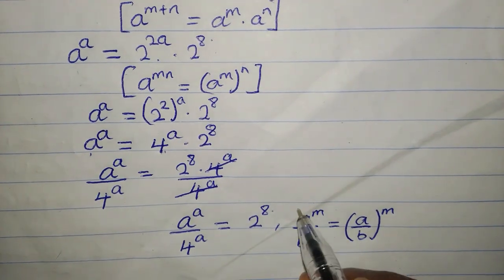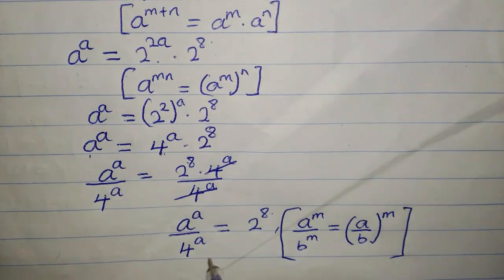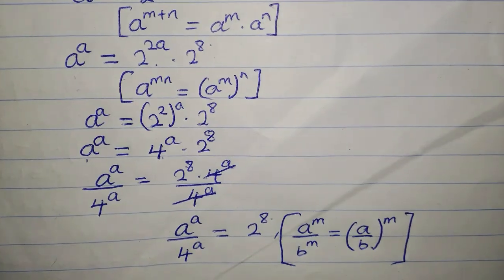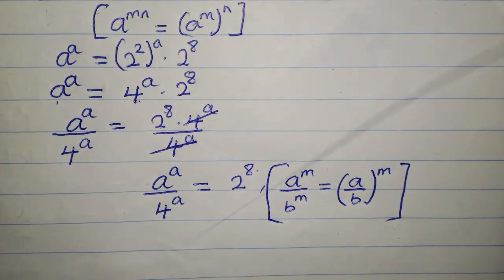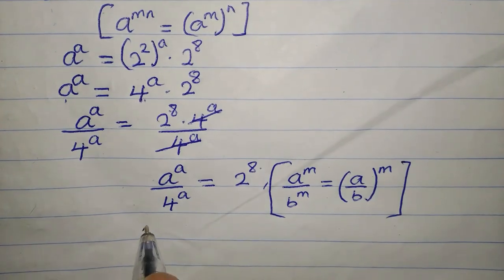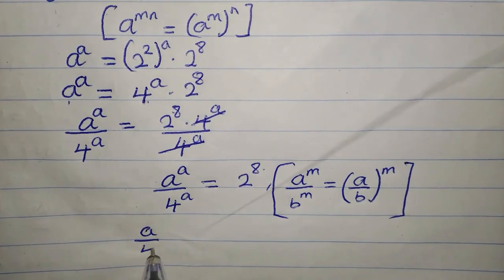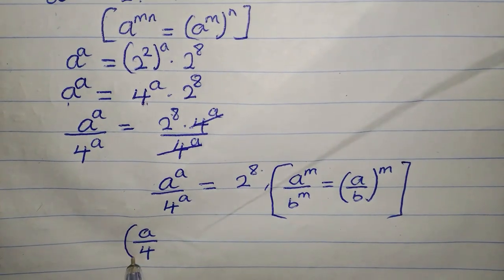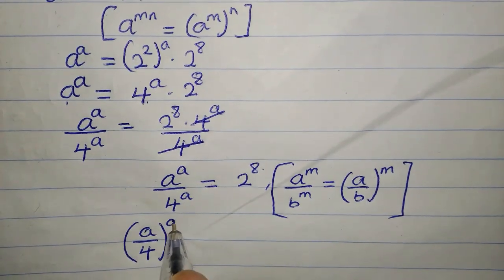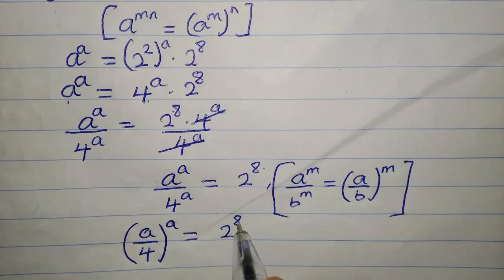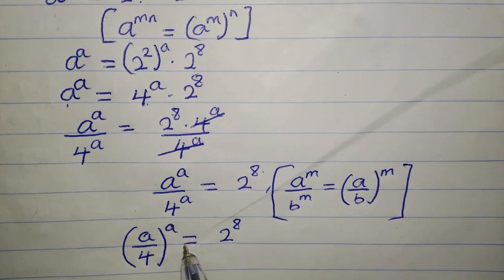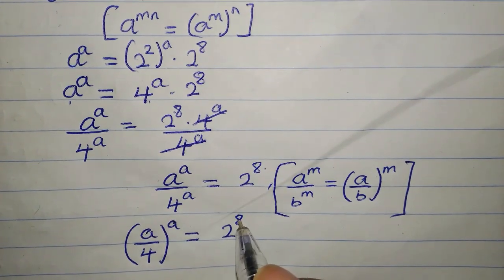So if we put this through, we have a divided by 4, all to the power of a, equals 2 to the power of 8.